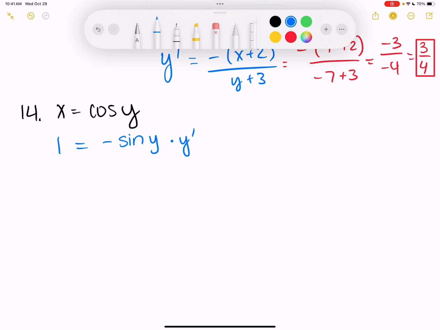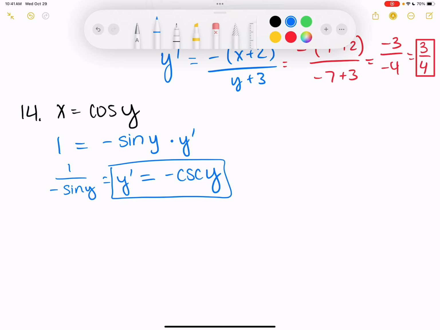So then I just need to divide by the negative sine of y. So 1 over negative sine y equals y prime. And so that would just be negative cosecant of y.